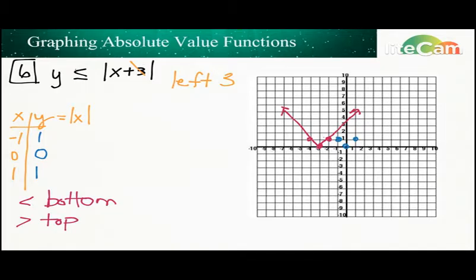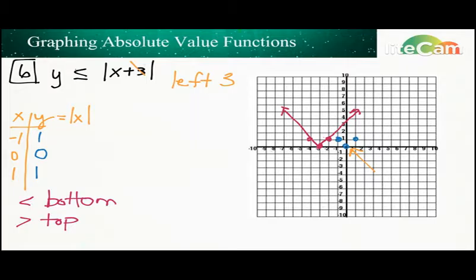Let's go with testing a point that is not currently on the graph. So let's test an easy point. Let's test 0, 0 right here. So 0, 0 is not on the graph.